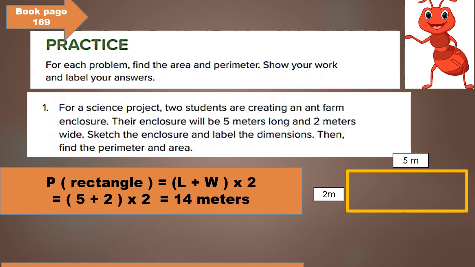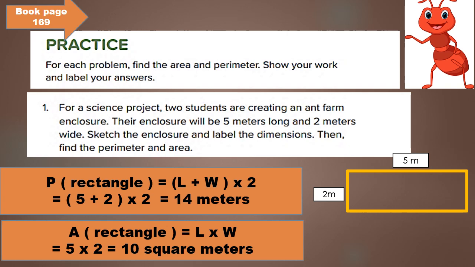Let's get the area. The area of rectangle equals length times width. So equals 5 times 2 equals 10 square meters.